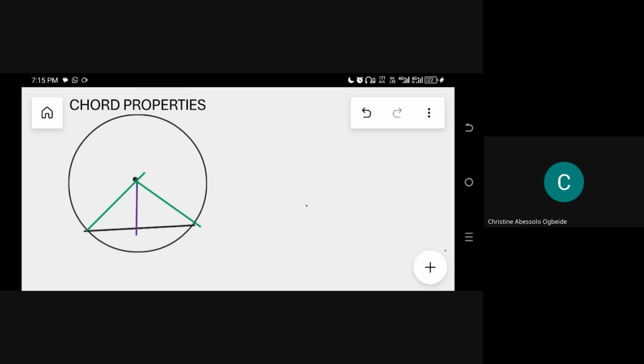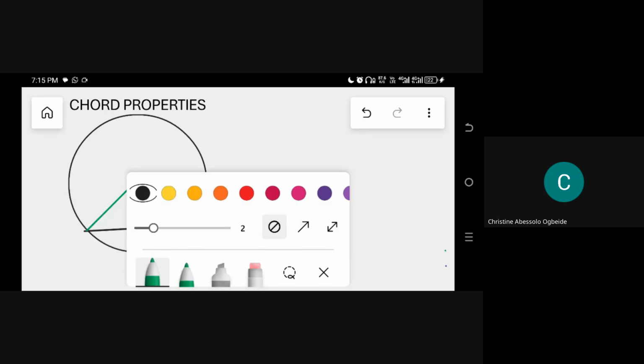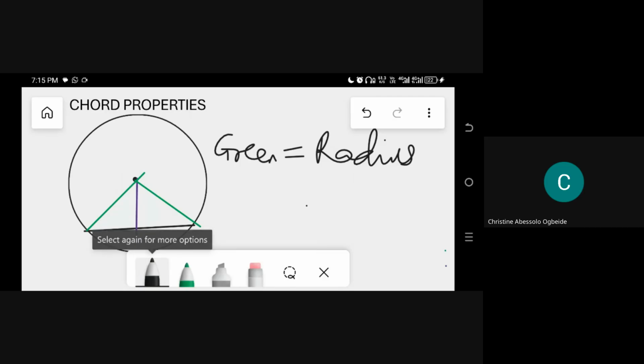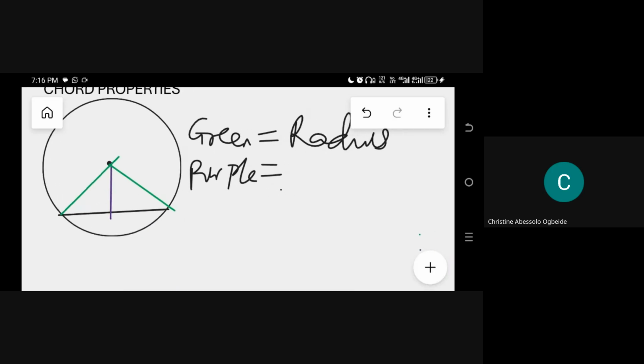Now, there are three parts to what we have here. One is the radius. You're already very familiar with the radius. The radius is the green line, so the green is the radius of the circle. Then the purple: when you're told the distance of the chord from the center of the circle, they're referring to the purple.